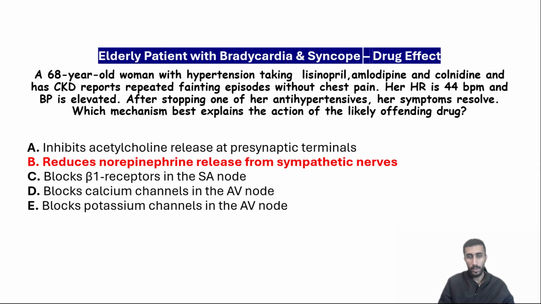Lisinopril is an ACE inhibitor. It is gonna interrupt the angiotensin pathway, which has a vasoconstrictor effect, and decrease angiotensin II, so it has a vasodilatory effect, the same as amlodipine, whose primary mechanism of action is also vasodilation.